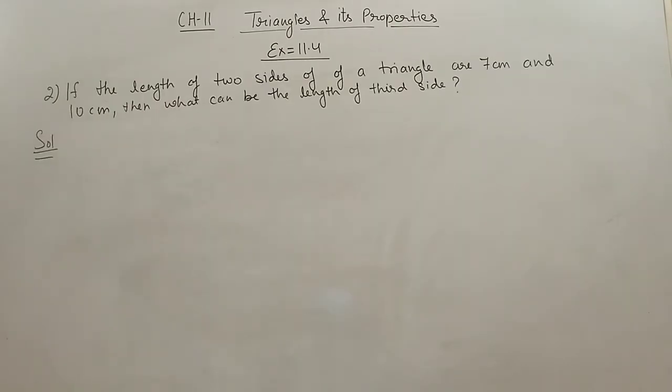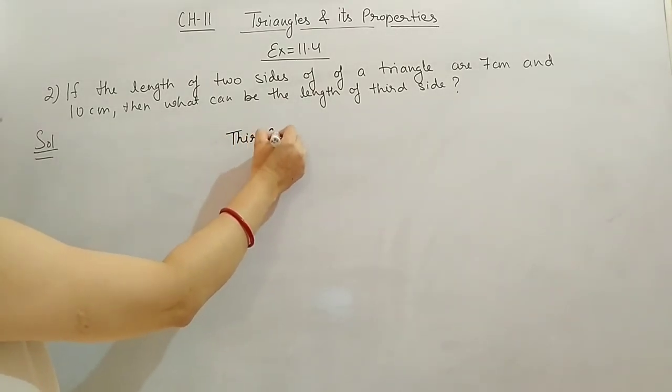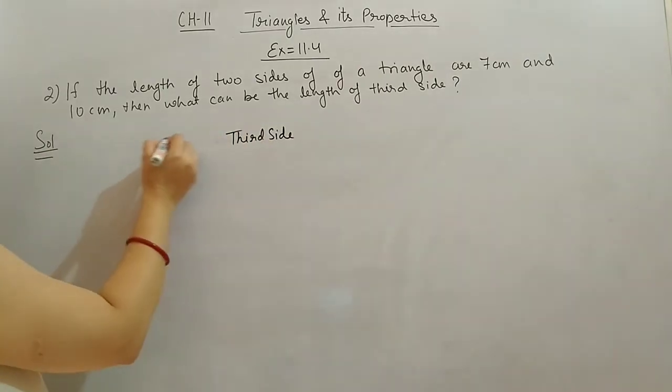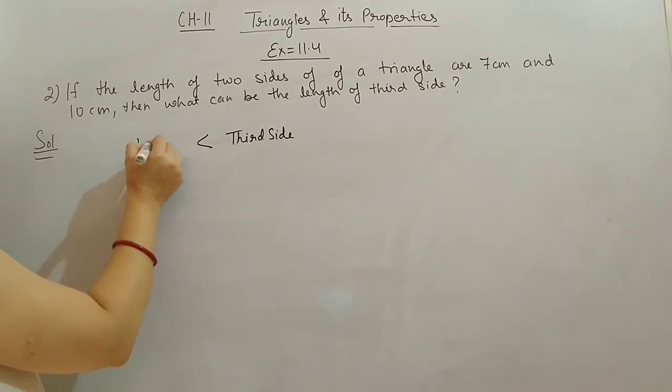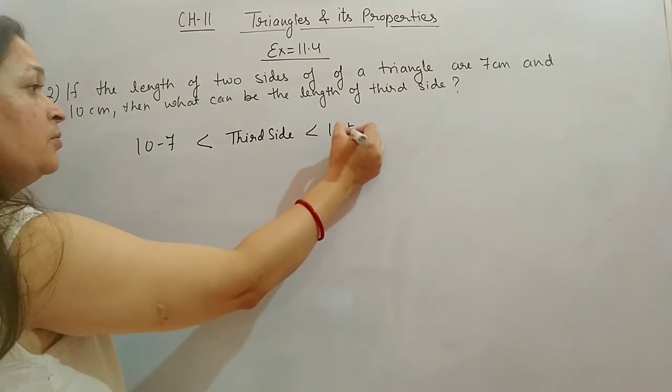Next, question number 2. If the lengths of two sides of a triangle are 7 centimeter and 10 centimeter, then what can be the length of the third side? As we discussed before, the third side is more than the difference between the given two sides and less than the sum of these two sides.